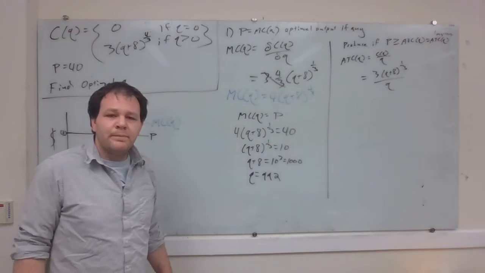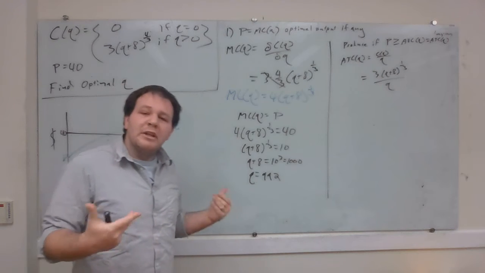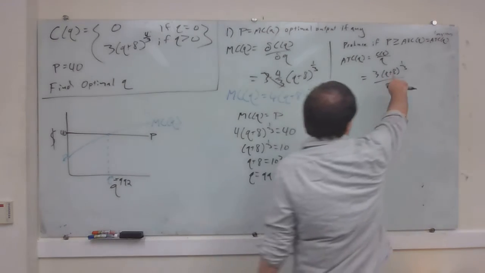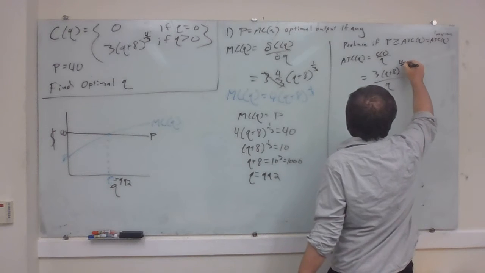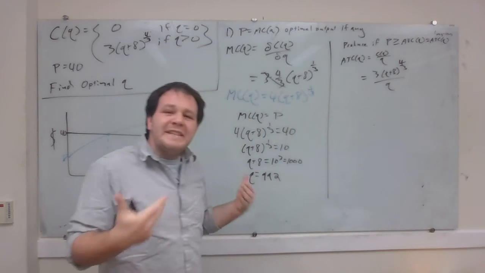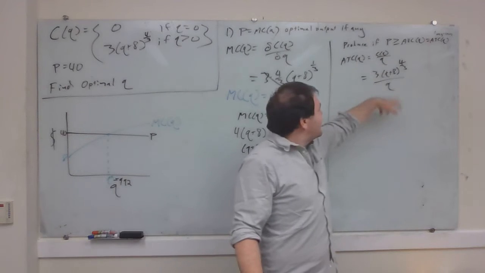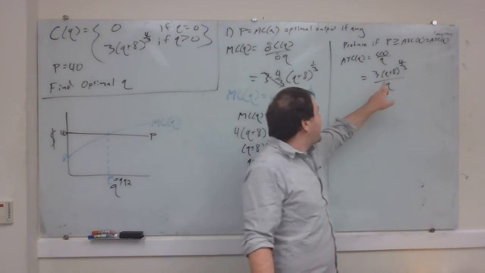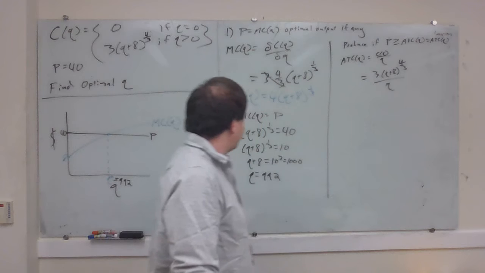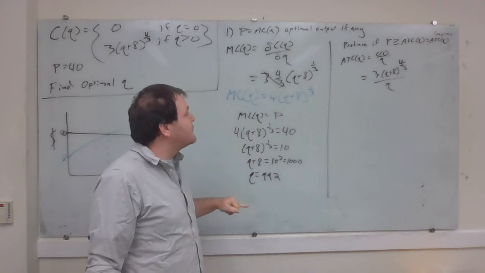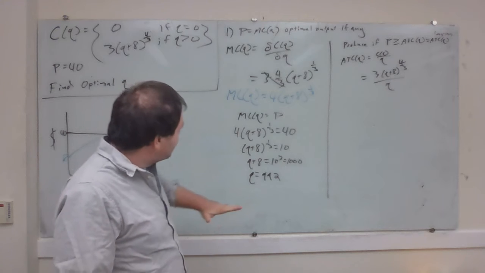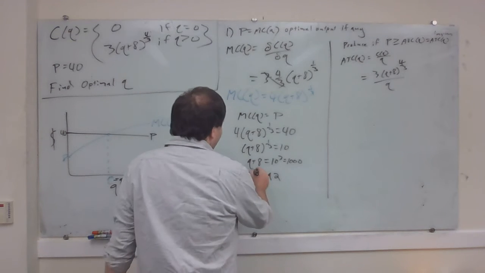Okay, beautiful. Now at this point, we have a little bit of an issue, because I've got Q plus 8 to the 4/3 over Q, this isn't going to simplify nicely. It's hard to divide out (Q plus 8) to the 4/3 by Q. However, what we care about is whether we're going to have our average variable cost of Q less than or equal to price when we're producing our optimal output, right?